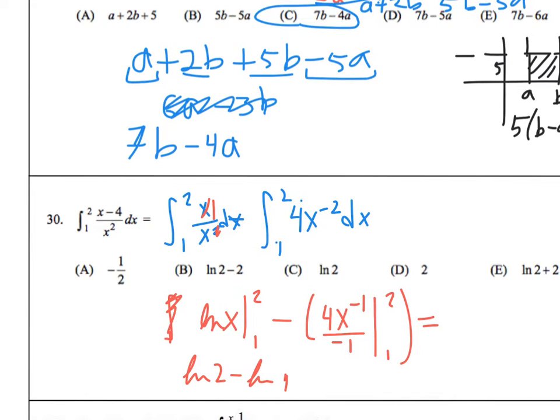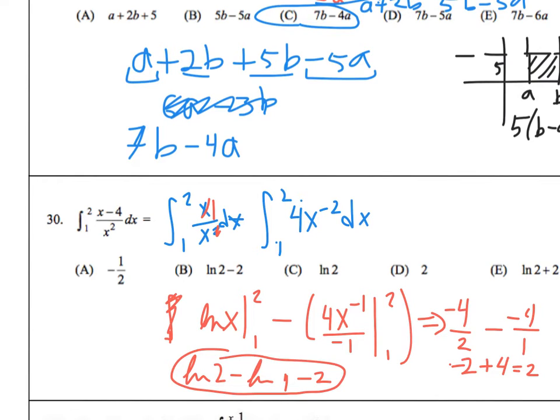So negative 4 over x when x is 2, and negative 4 over x when x is 1. When we do that, we get negative 2 plus 4, which is 2. So from that, we're going to minus 2. We get ln of 2 minus ln of 1 minus 2. And I don't see that as an answer. Oh, boy. Oh, but ln of 1 is just 0. So this middle part can go away, leaving you with just ln of 2 minus 2.